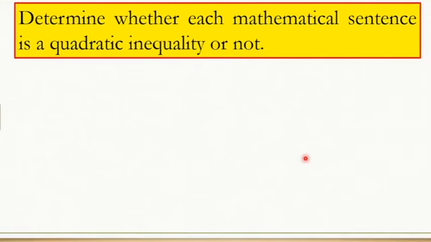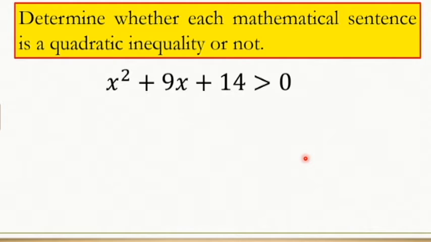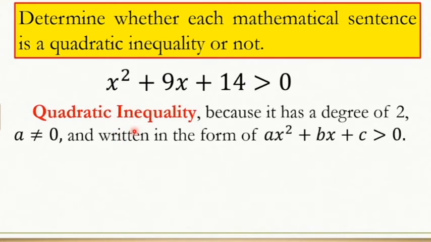Okay, determine whether each mathematical sentence is a quadratic inequality or not. So I have here x squared plus 9x plus 14 is greater than 0. Is this a quadratic inequality? Yes, because of the symbol and because our degree is the second degree. So this is a quadratic inequality because it has a degree of 2 and your a is not equal to 0.